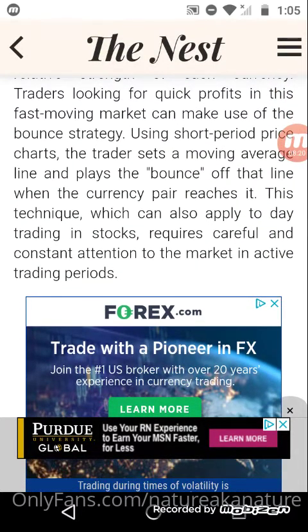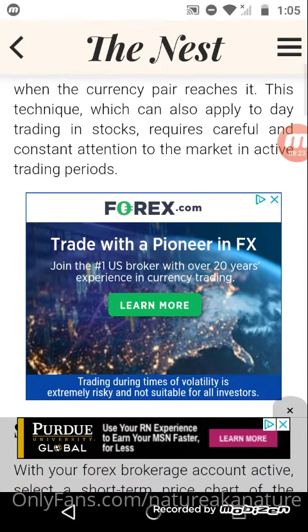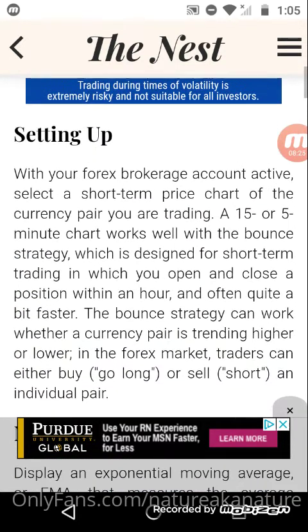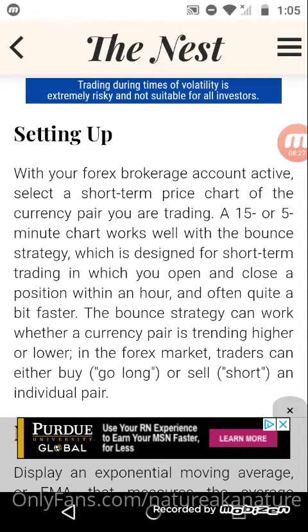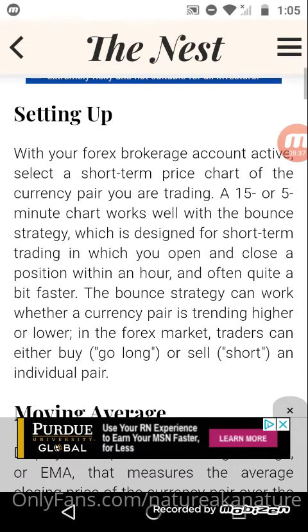I would prefer that you try this on a demo account before you try your live money. With your forex broker's account active, select a short period price chart of the currency pair that you're trading. The short period price chart will be considered a 15 or 5-minute chart. It works well with the bounce strategy, which is designed for short-term trading, where you can open and close a position within an hour.